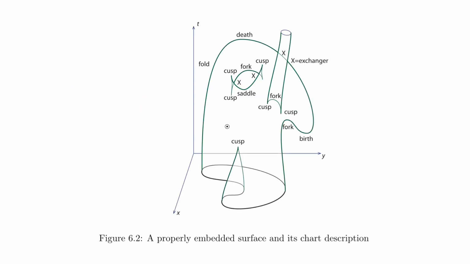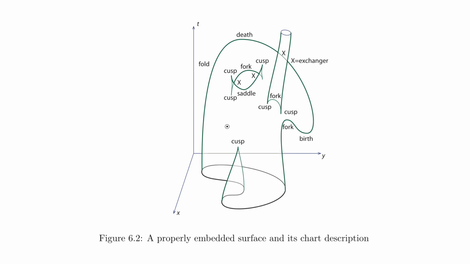And I hope that the previous terminology helps you see why they are births, deaths, forks, and cusps. So in fact, if we have a properly embedded surface, we can project that surface to the plane generically, and we see all of these critical phenomena.